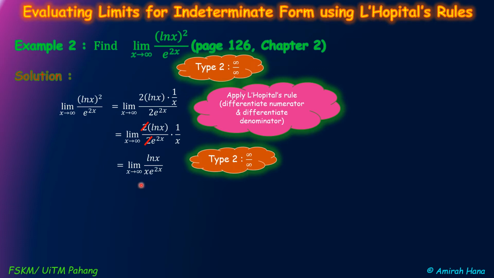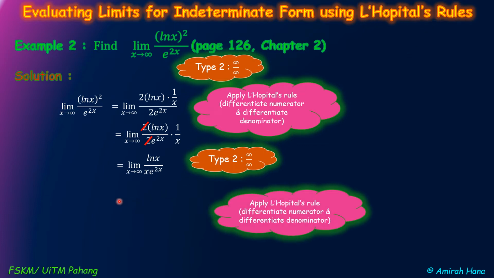To evaluate it, we need to use L'Hopital's rule again. Again, we differentiate the numerator and the denominator. As long as the previous application of L'Hopital's rule produces an indeterminate form, it is okay to repeat it as many times as necessary to reduce the limit to a form that can be evaluated.